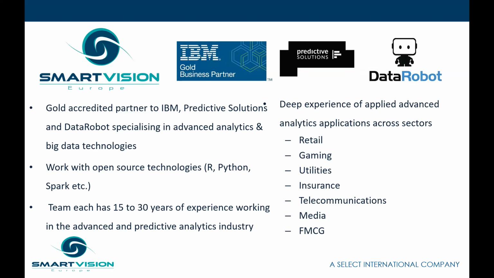Though it has to be said, we do work with other technologies, including open source technologies such as R and Python. We're a relatively small organization, but we're made up of a team of veterans of the analytical software industry. I've probably worked in that industry for about 30 years.